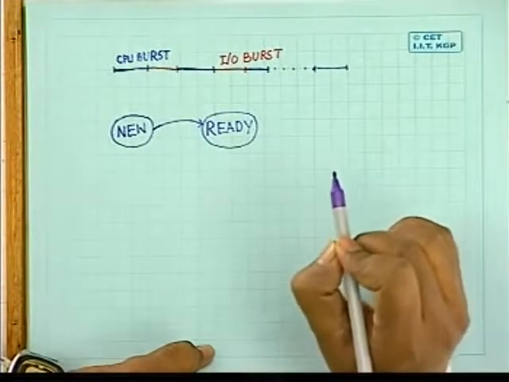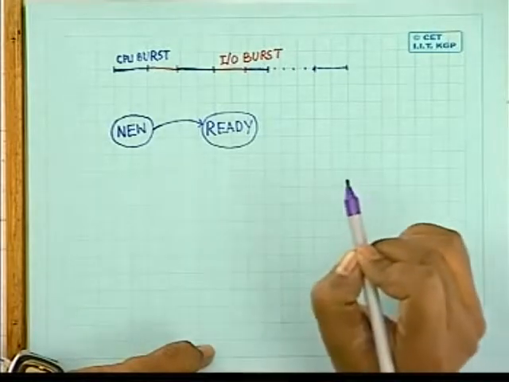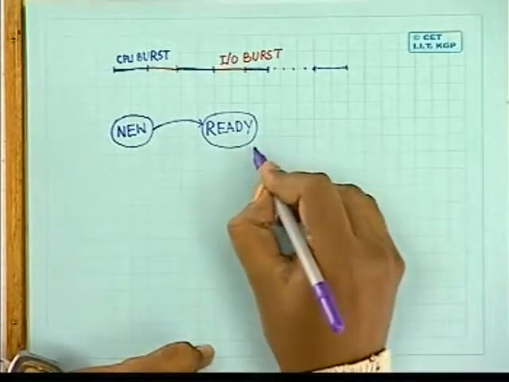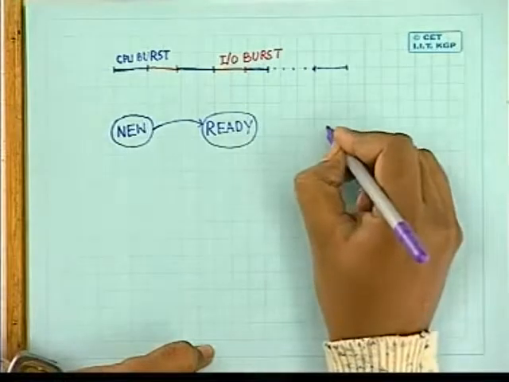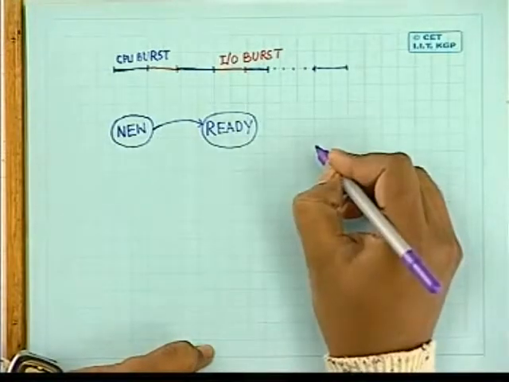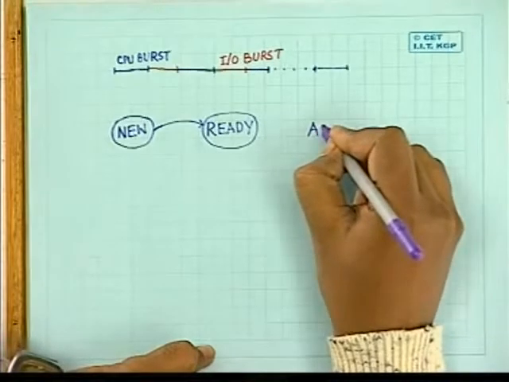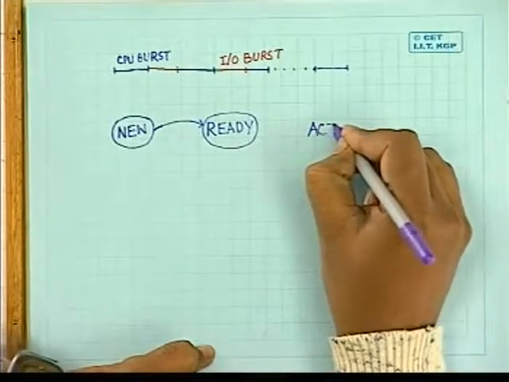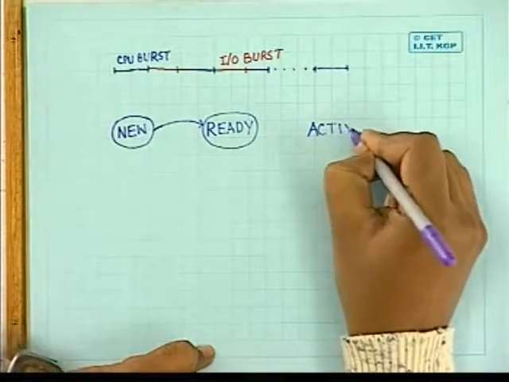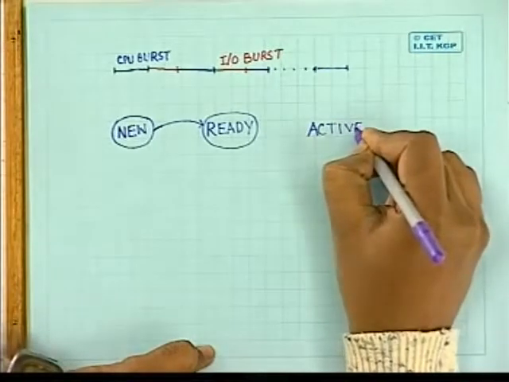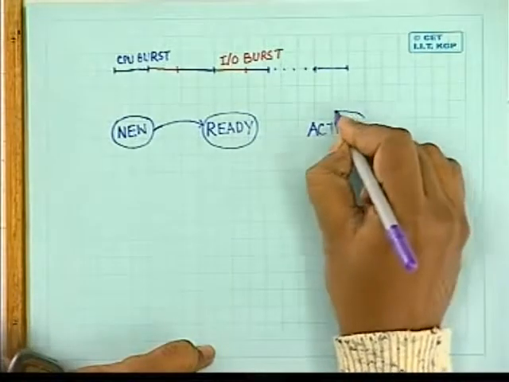A job cannot be executed by the CPU when it is in the new state. So, from the ready state, when the CPU actually executes the job, we call that job to be in active state.